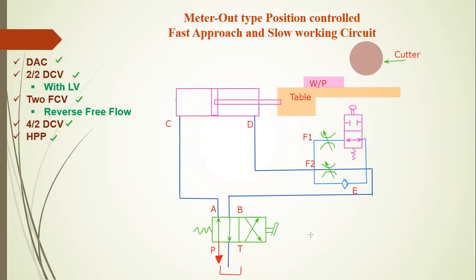Let's view it to understand which parts are active for the extended condition and the retract condition. First, the first position of the 4 by 2 direction control valve is active. This means this position is active: the oil passes this way and the oil returns. At this time the F1 position is closed, and the 2 by 2 is active at this point.